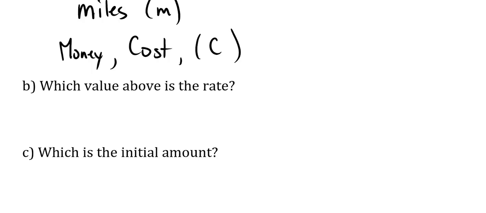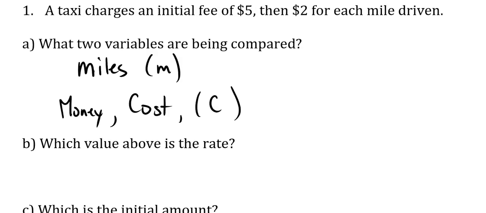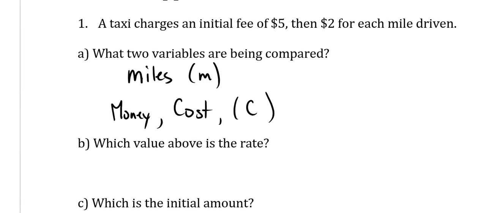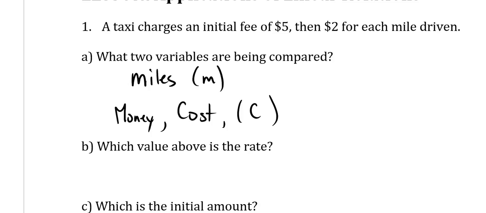Which value above is the rate? So what do you think the rate is in this question, or what do you think the change is? Miles, but which value? Oh, miles is one of the variables, so it's not the rate. 2. Because when we're thinking about the change in these things, it's a number.